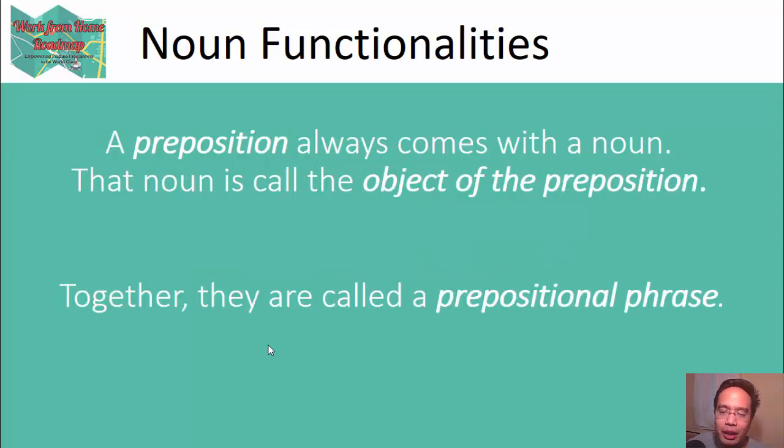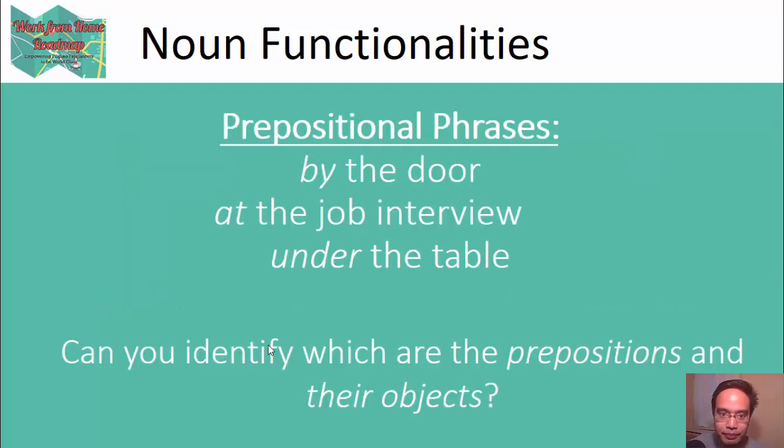A preposition always comes with a noun. That noun is called the object of the preposition. Together, they are called a prepositional phrase. So the preposition plus the noun, which is the object of the preposition, is the prepositional phrase.